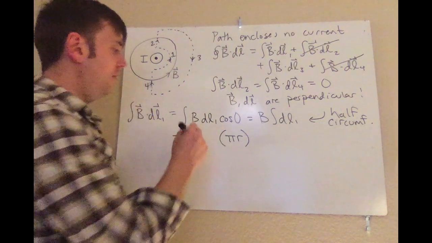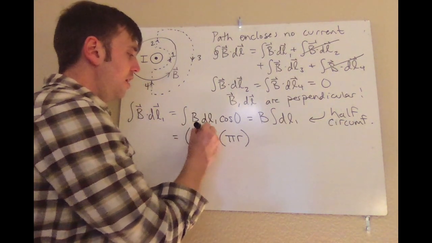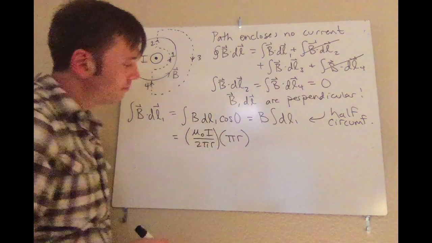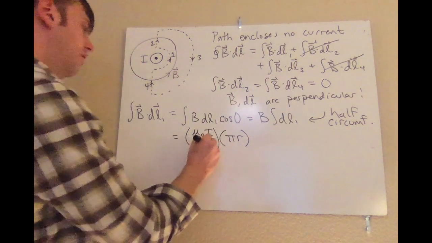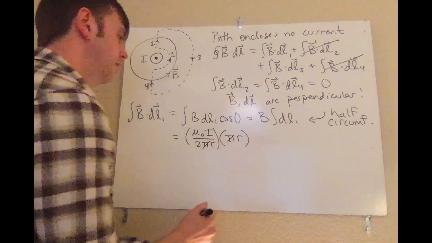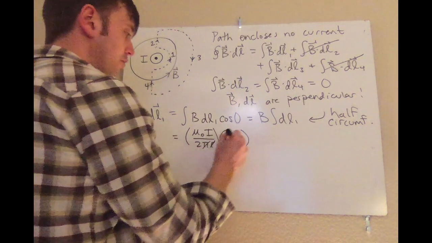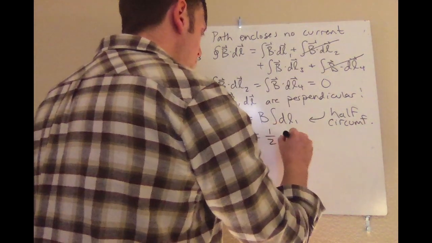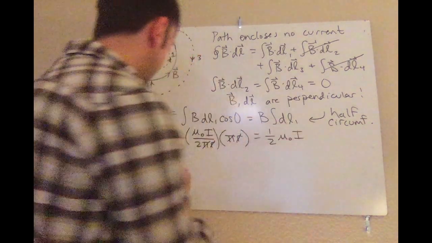The strength of the B field is mu naught times I divided by 2 pi r. So the pi's cancel, the r's also cancel, and I'm left with just 1/2 times mu naught times I.